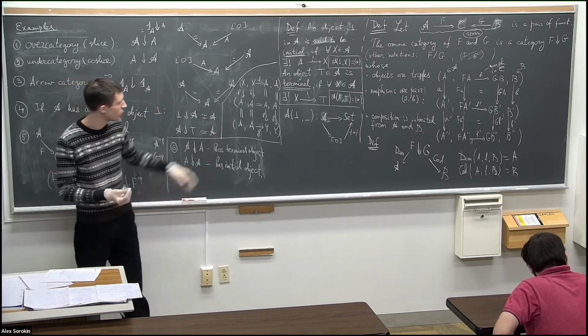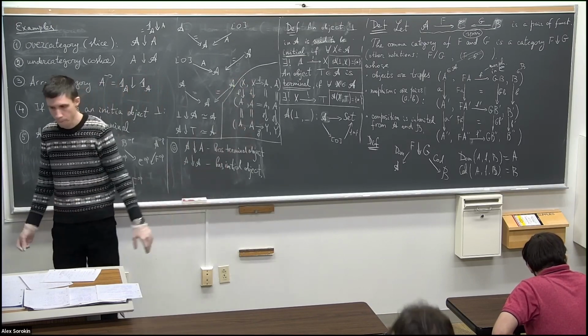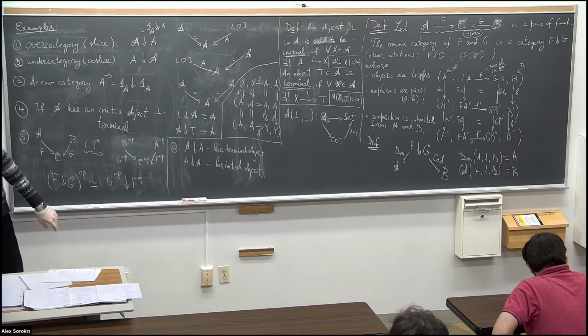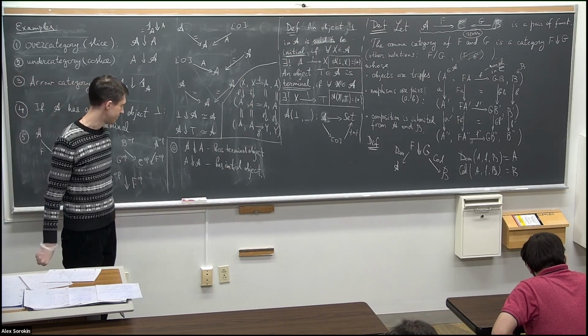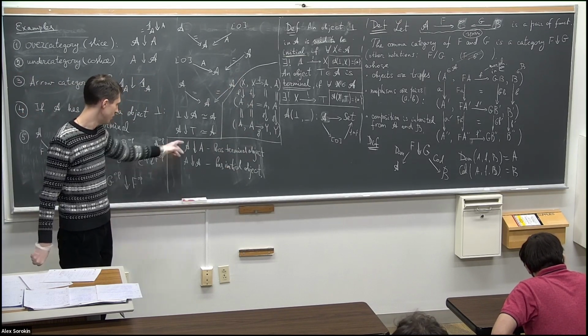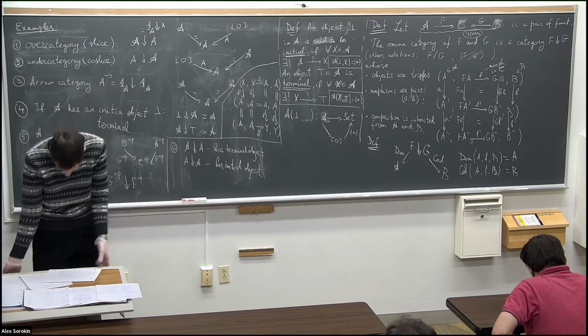So because of this diagram, you can say that this category has initial and terminal object. Good.